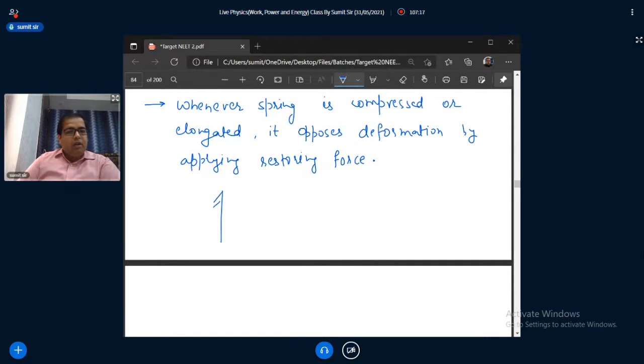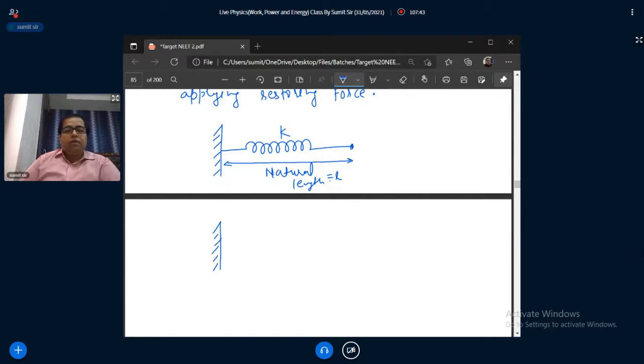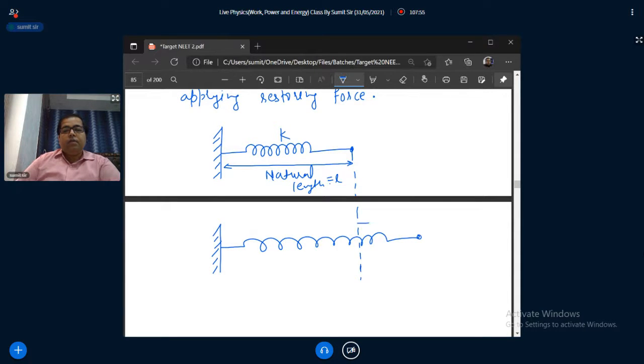So, what is the spring potential energy? Let's calculate. Whenever it's at its natural length, suppose the natural length is L, and the spring constant is K. Now, if I elongate it by distance x, there is a restoring force, and this is F external.